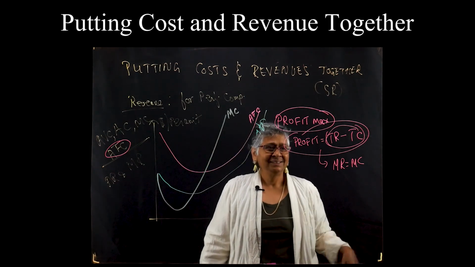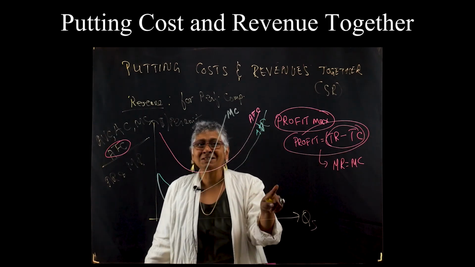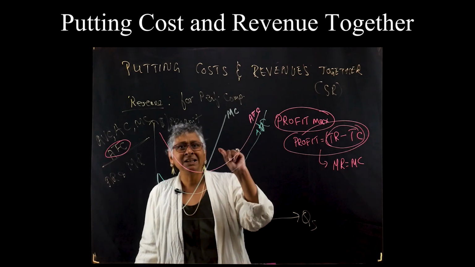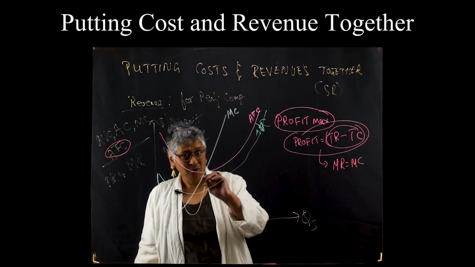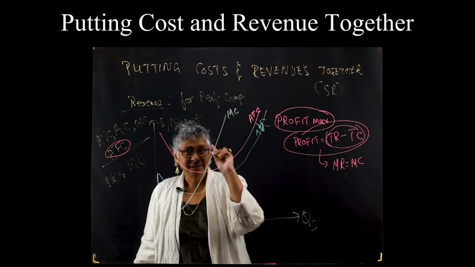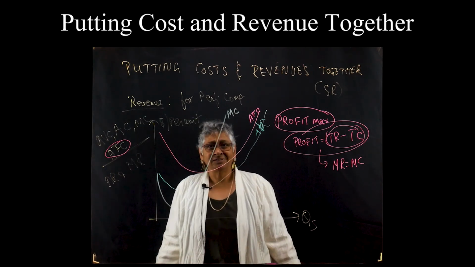Now, let's go back and remember that we are in the special situation of the perfectly competitive short-run price-taking firm. So the previous step might be fine for all firms, but the next step is only for the perfectly competitive situation.